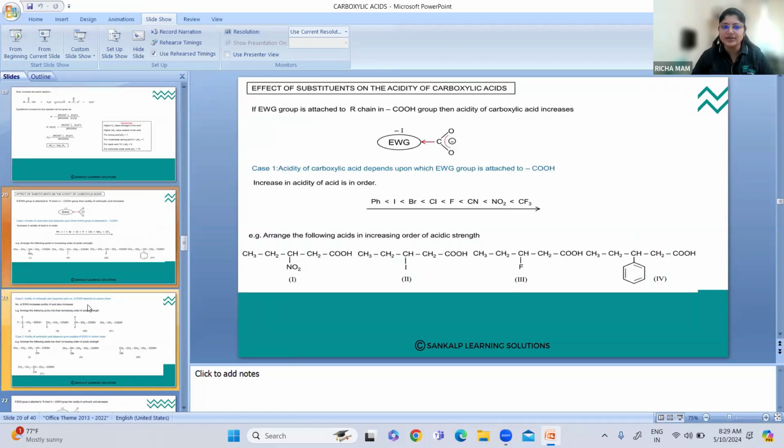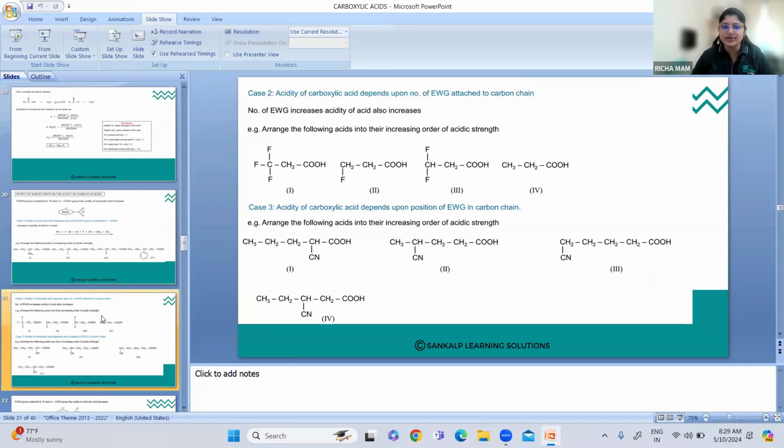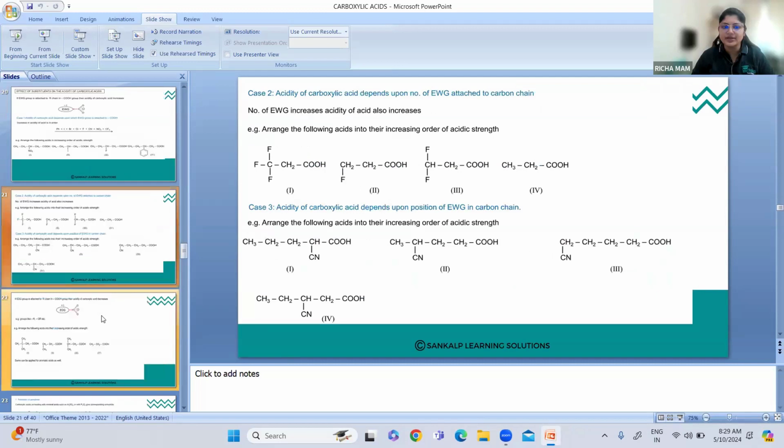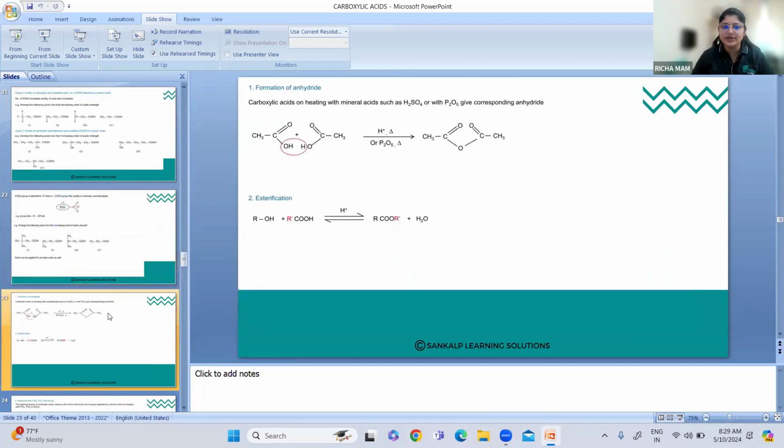Then we discussed the electron donating group. Then we discussed the two name reactions involving cleavage of the COH bond: the first, formation of anhydride, and the second, esterification.